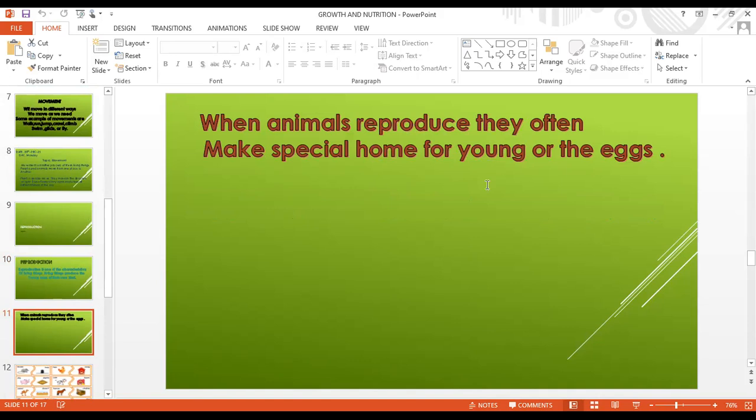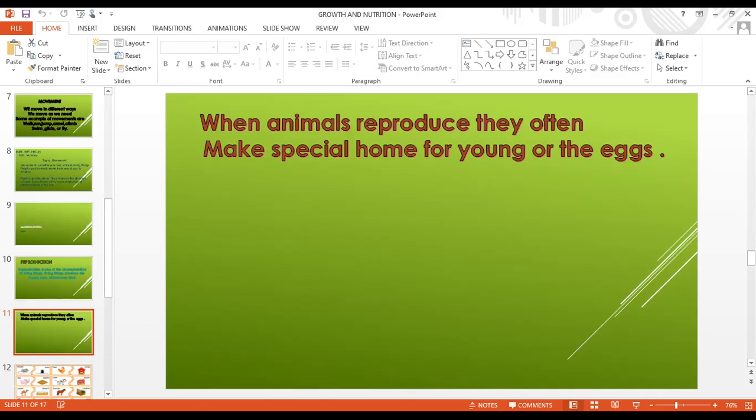This is common among plants as well. Plants make seeds so that when the plant dies, we have seeds to regrow them. Animals and birds lay eggs, and there are some animals who give birth to babies.